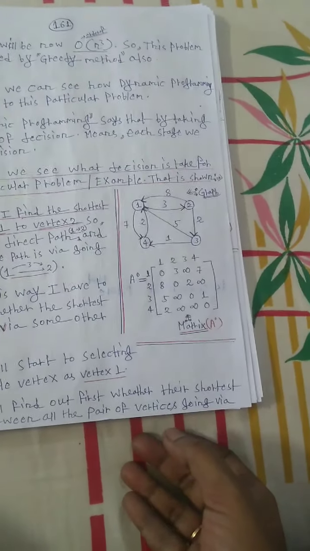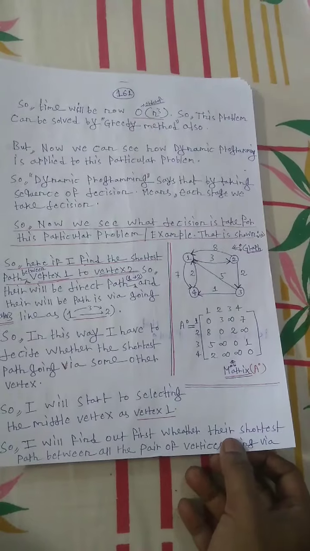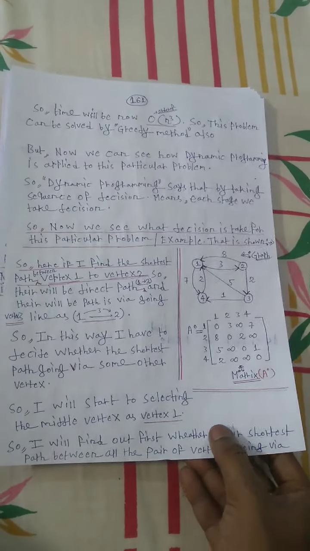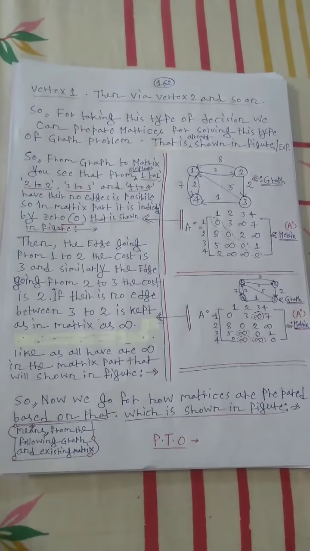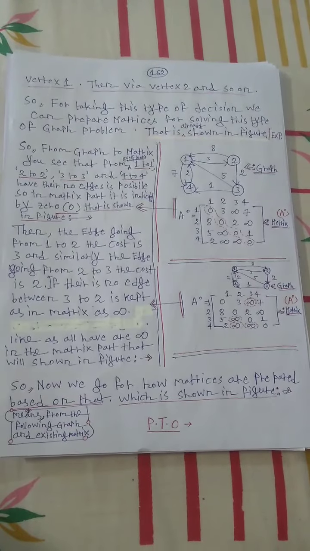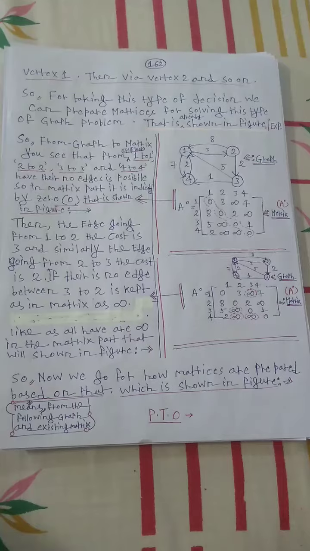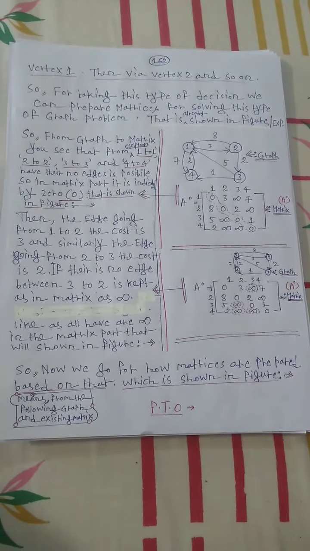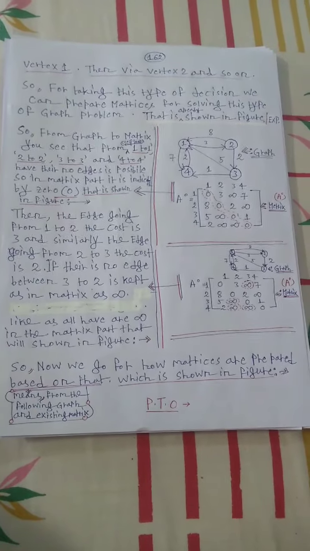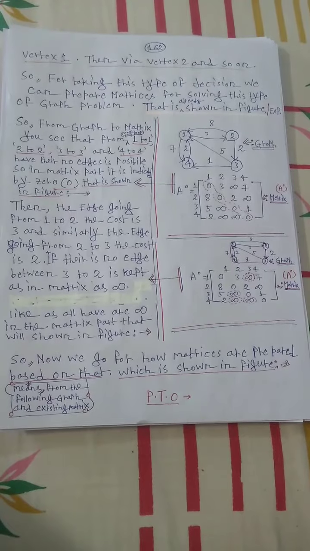Here we can see that vertex 1 is the starting vertex and all other vertices are connected from it. So for taking this type of decision we can prepare matrices for solving this type of graph problem. From graph to matrix, you see that the self loops 1 to 1, 2 to 2, 3 to 3 and 4 to 4 have no edge possible, so in the matrix they are indicated by 0.